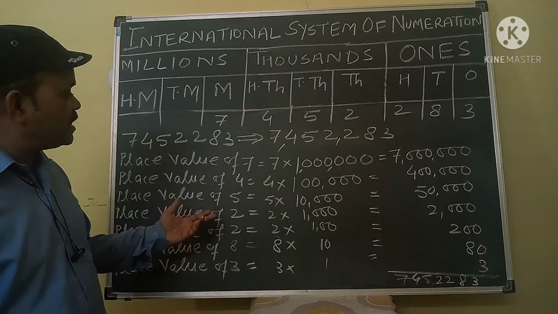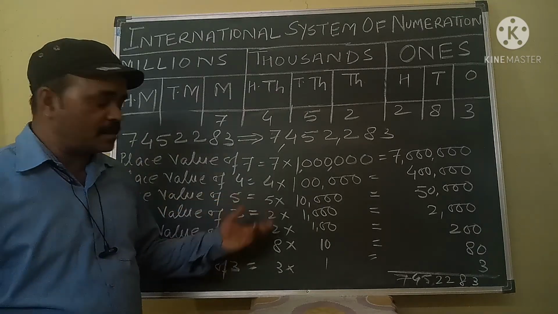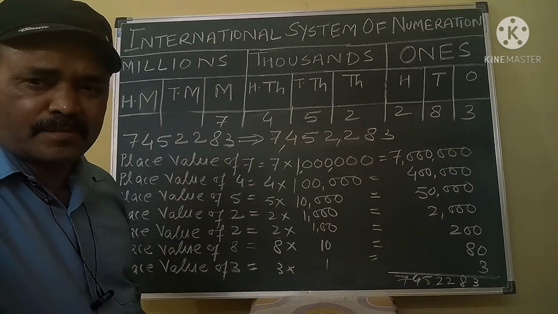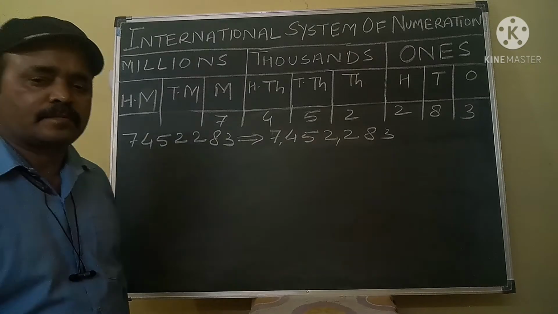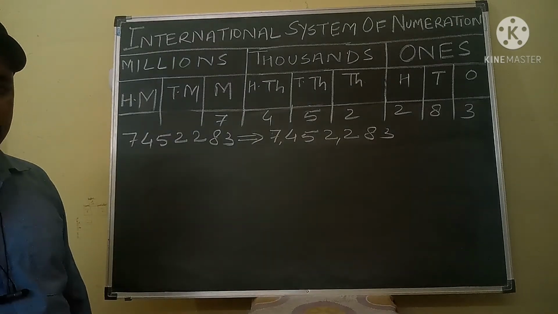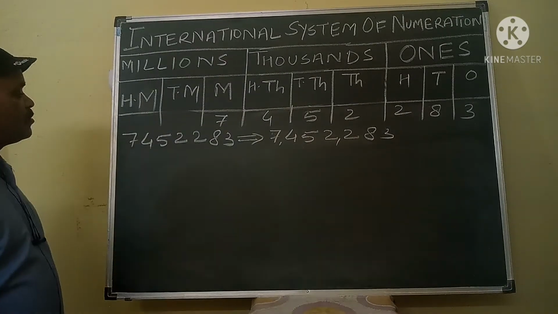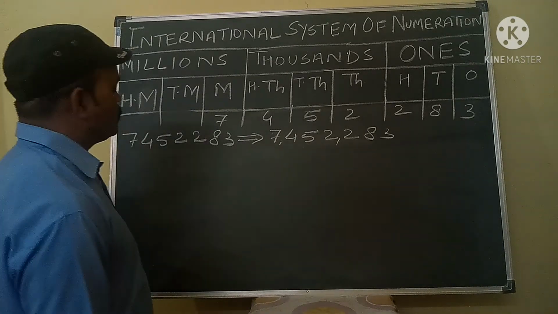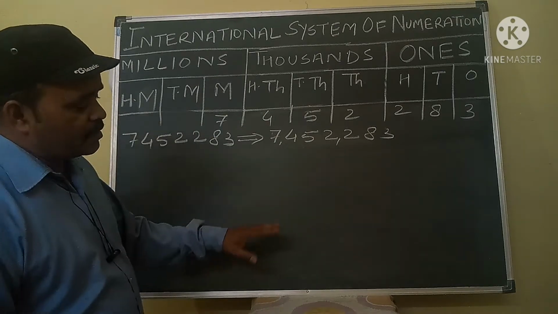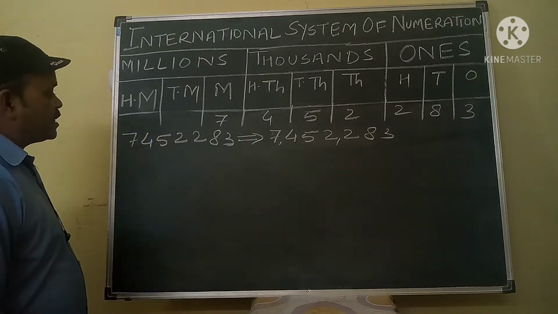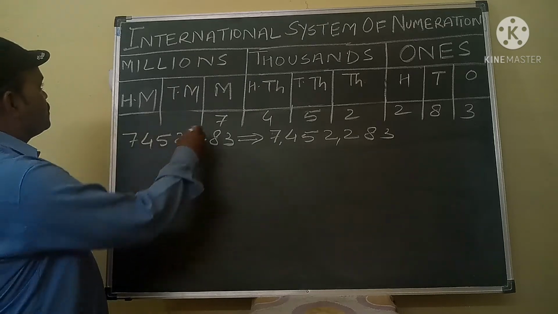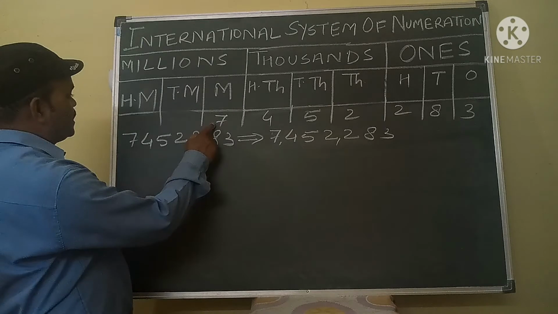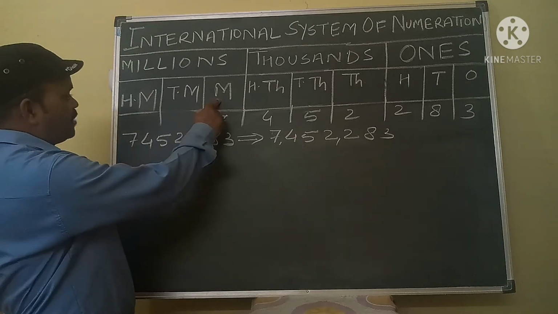How can you read and write this number? Now look here. Again, my dear students, how can you read and write this number? So, after taking out the place value, we can write this number according to the International System of Numeration. 7 is in which place? Millions place.